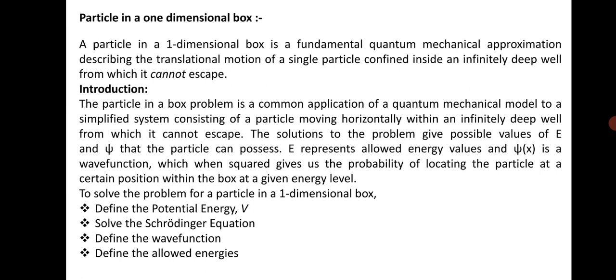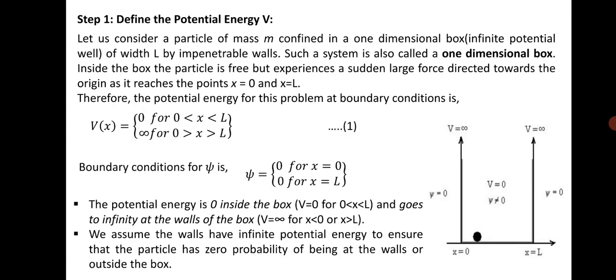And to solve the problem of a particle in a one-dimensional box, we have to define the potential energy, solve the Schrodinger equation, define the wave function, and find the allowed energies for the particle after solving the Schrodinger equation. Now first we have to define the potential energy.